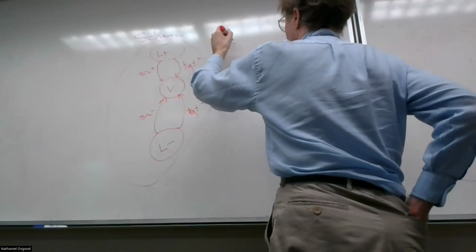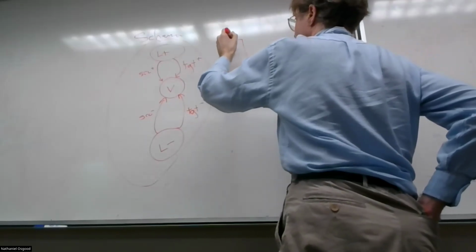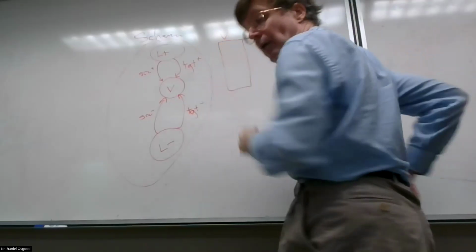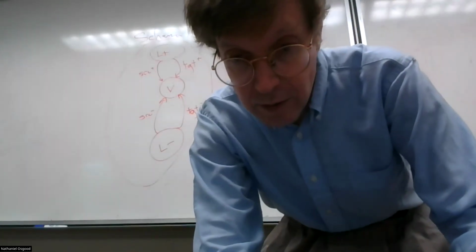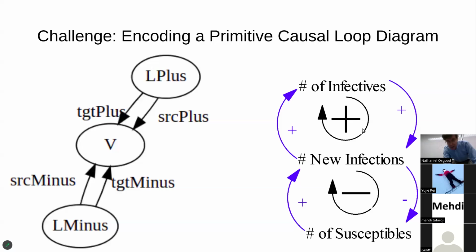So what would the set of vertices be? Maybe we will write it out in a table. What's the set of vertices here? How many are there? Well, there are three. Count them: 1, 2, 3.